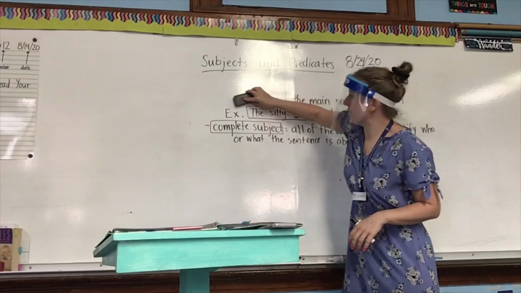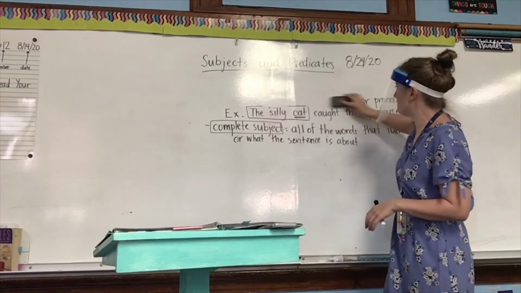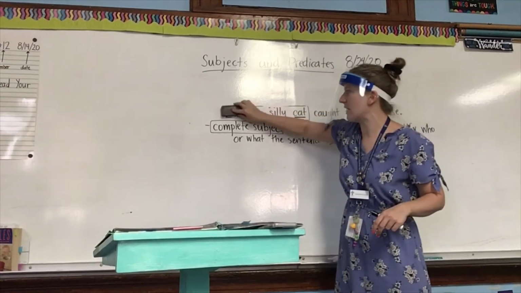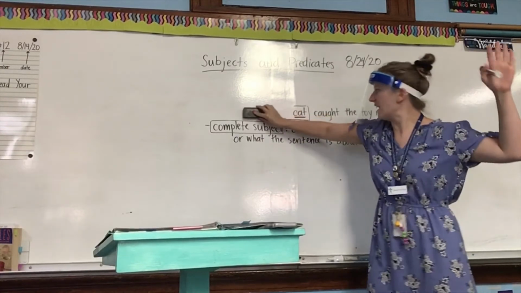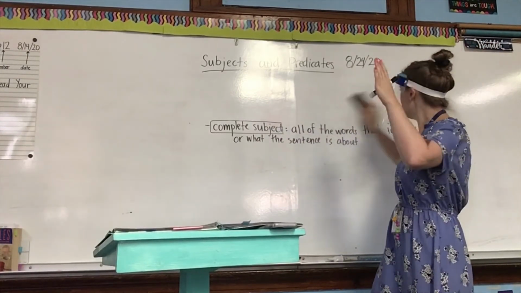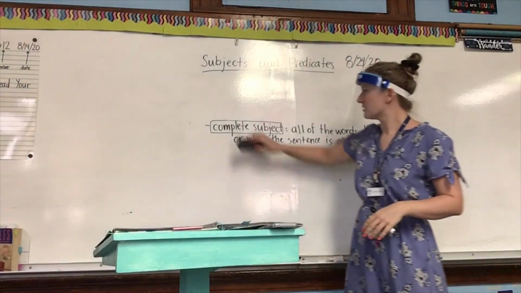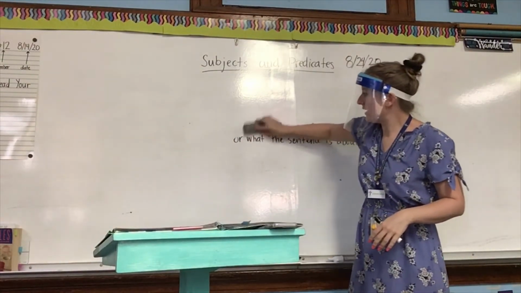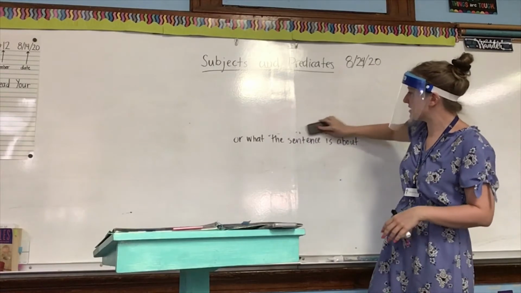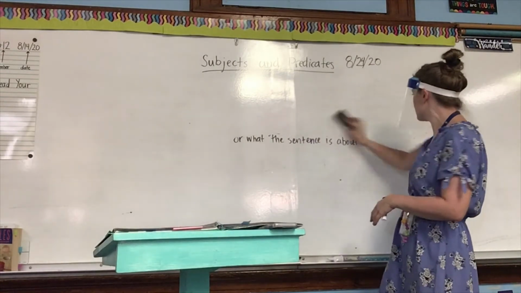Okay, so we talked about the simple and complete subject. What do you think we're going to talk about next? Any ideas? You have no idea what's in my brain, so there is no wrong answer. Zari? What do you think we're going to talk about next? We just talked about simple and complete subject.